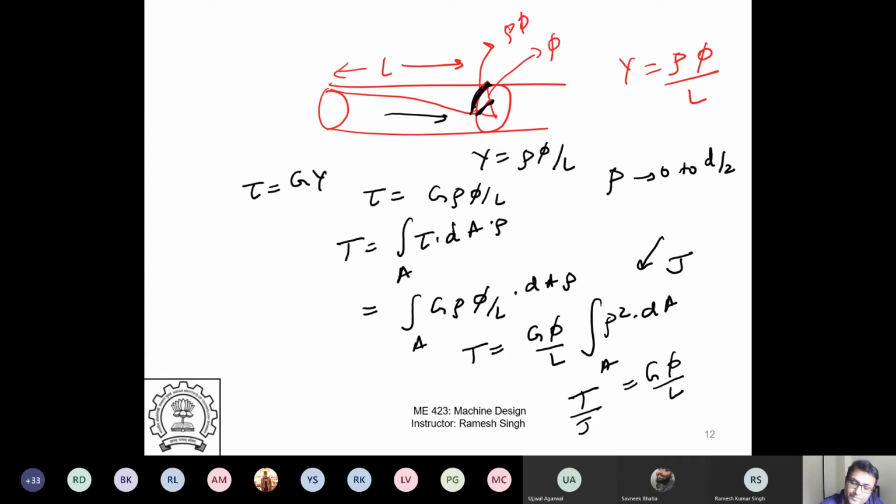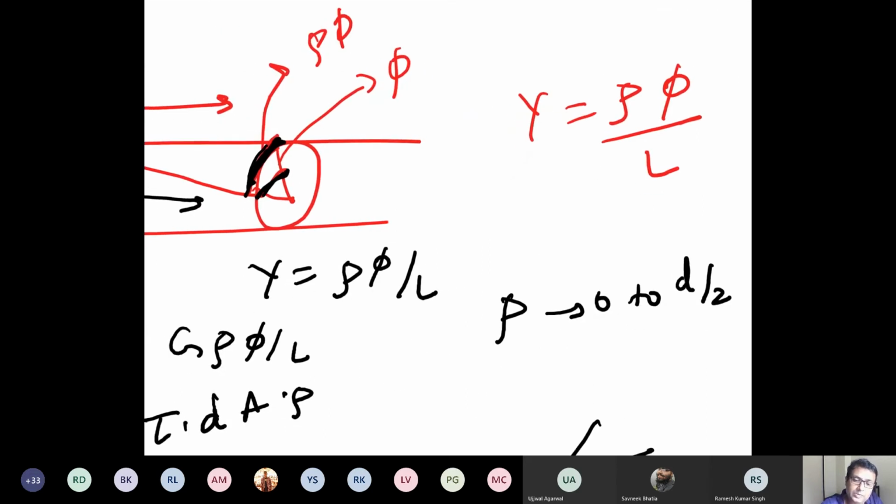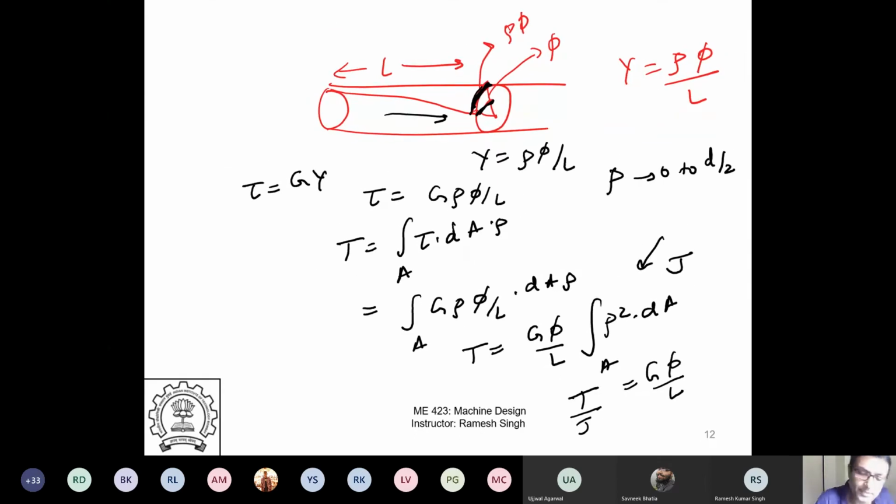Tau by rho. This is equation 1 and this is equation 2.